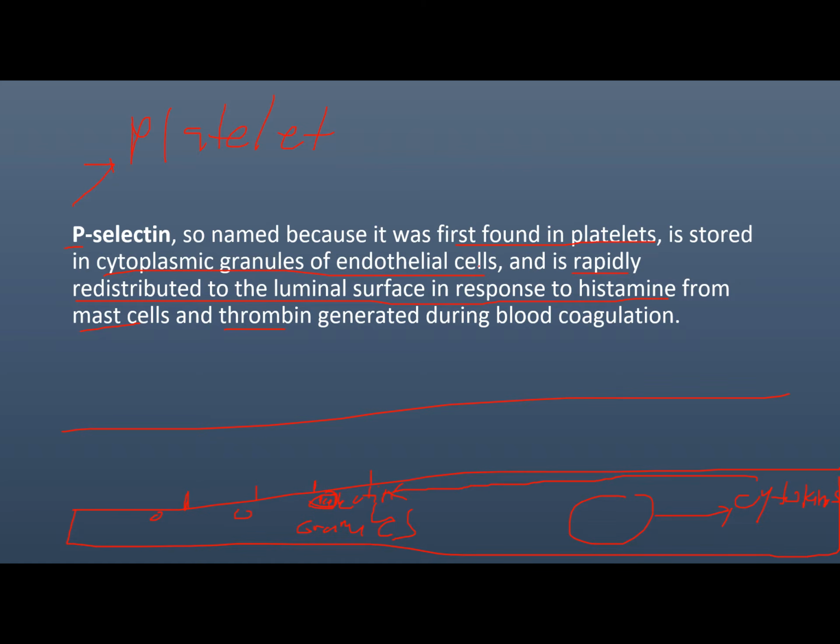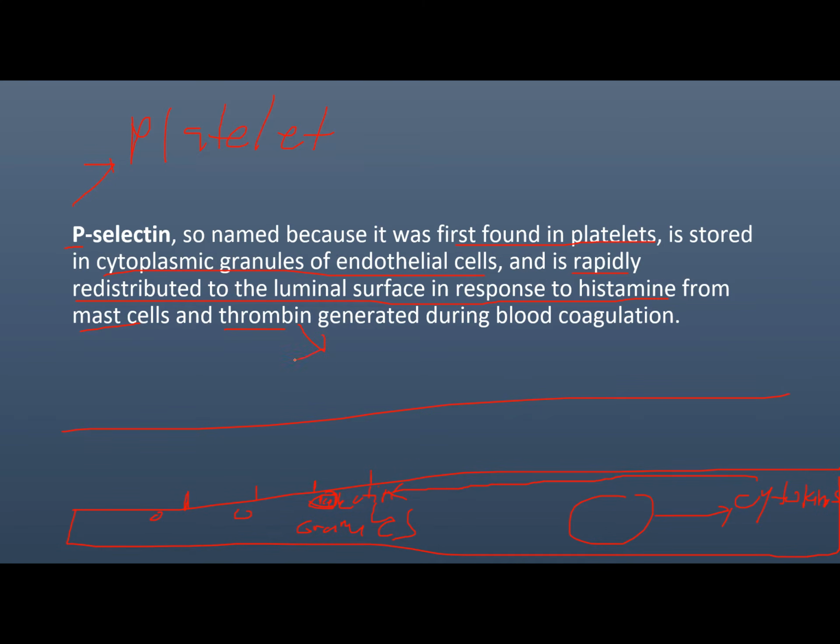And this could be rapidly distributed due to histamine from mast cells and thrombin generated during blood coagulation. So if asked in your exam, how does P-selectin redistribute itself? The answer would be due to histamine from mast cell and thrombin during blood coagulation.